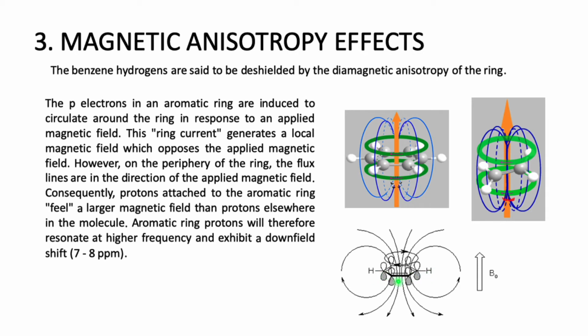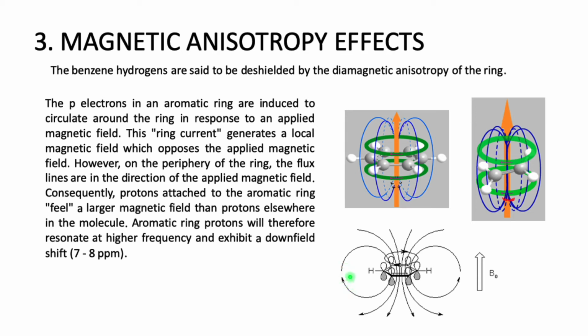This particular set of protons experiences the higher magnetic field because they are near the periphery, near these flux lines, where the magnetic field is aligned with the external magnetic field. Since they are on the periphery, these protons experience a larger magnetic field compared to protons elsewhere in the molecule, and the aromatic ring protons therefore resonate at higher frequencies and appear in the further downfield region, which is 7 to 8 ppm.